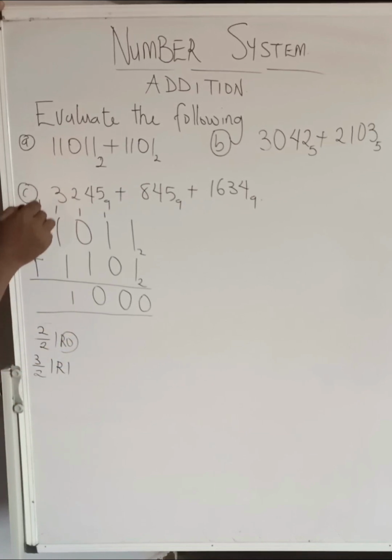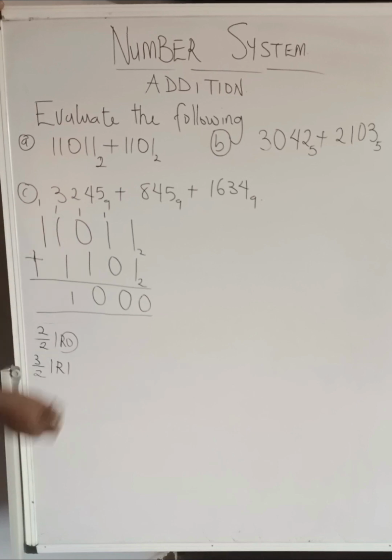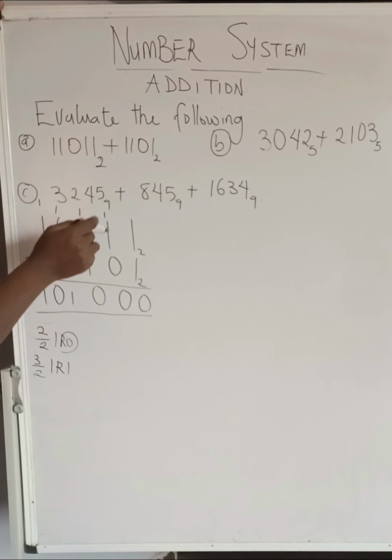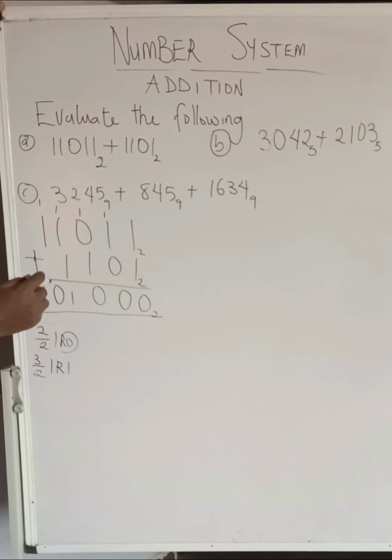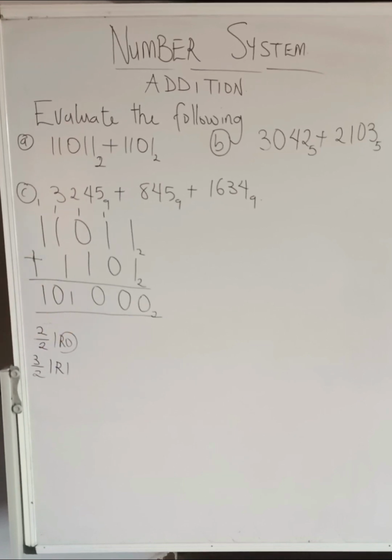And bring down our 1 here. 1 plus 1 is 2. We are back to this place again. And we always write the remainder and carry the 1. So therefore, our 11011 base 2 plus 1101 base 2 equals 101000 in base 2.